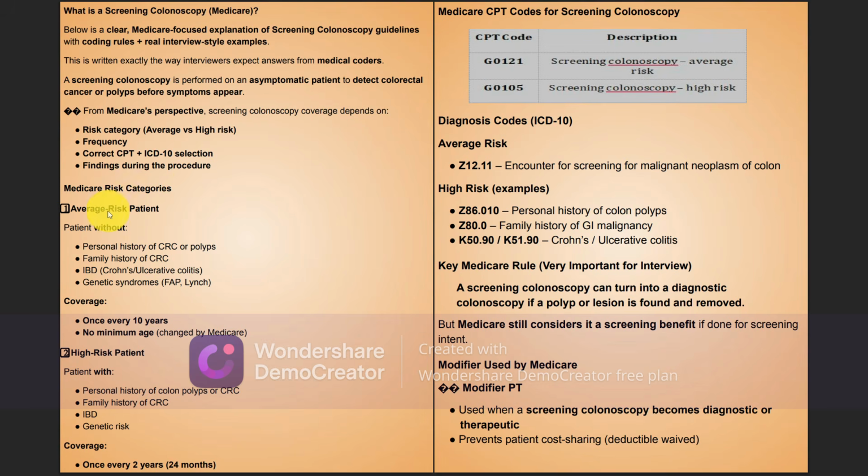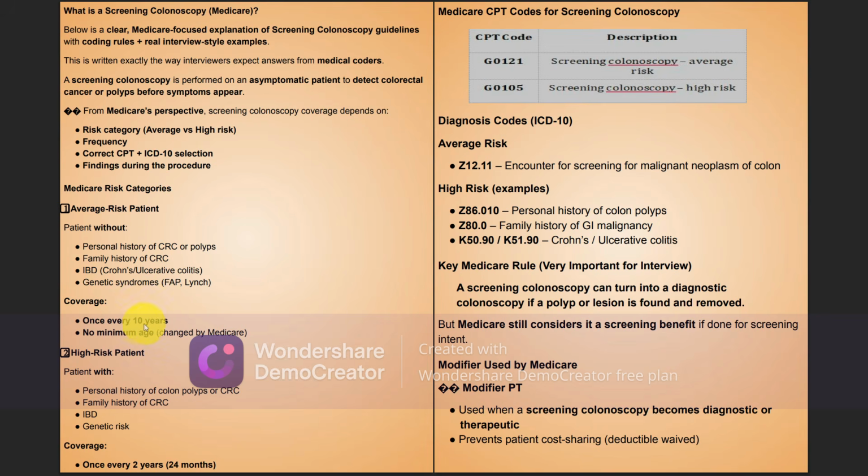Average risk category: patient without a personal history of CRC or polyps, family history of CRC, IBD, Crohn's or ulcerative colitis, or genetic syndromes like FAP or Lynch.